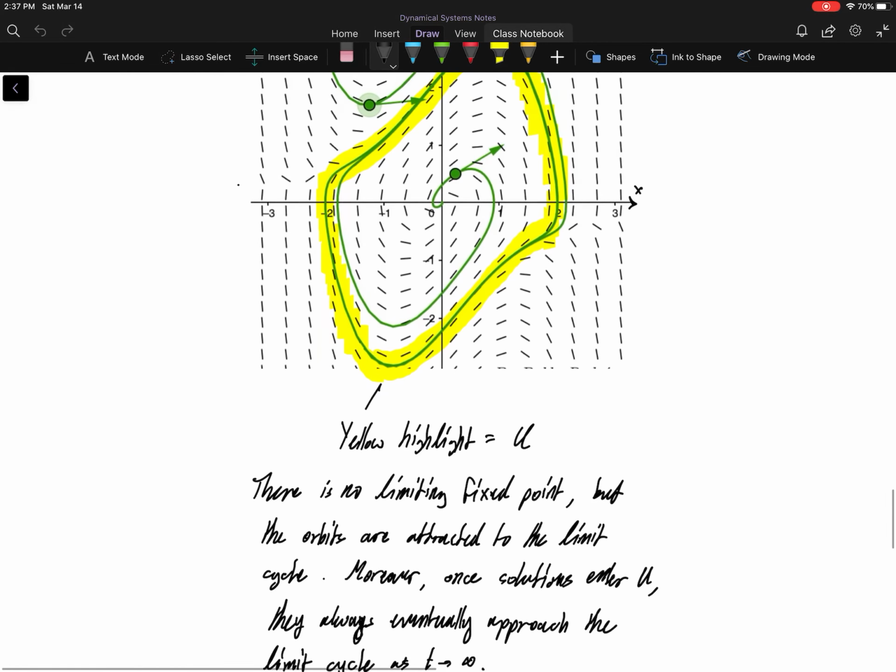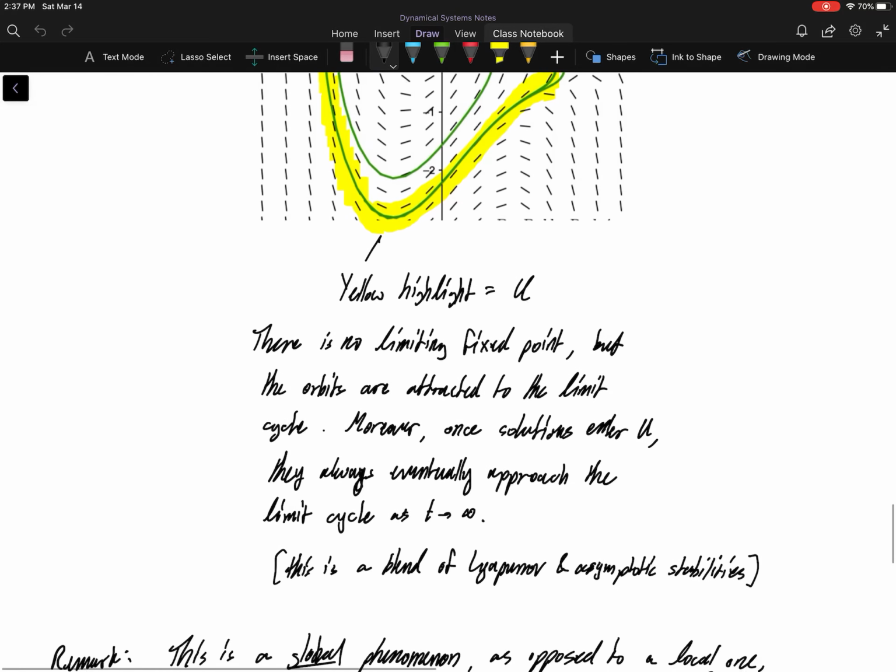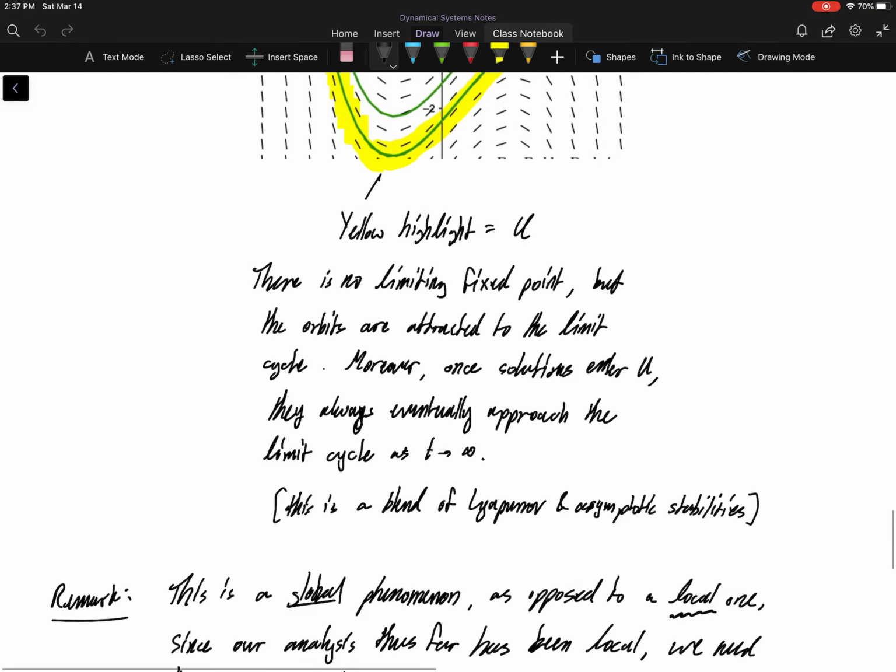So that's the idea. There is no limiting fixed point, but instead the orbits are attracted to the limit cycle. Moreover, once we enter U, they eventually approach the cycle, right? So in some sense, this is kind of a blend of both Lyapunov and asymptotic stability.